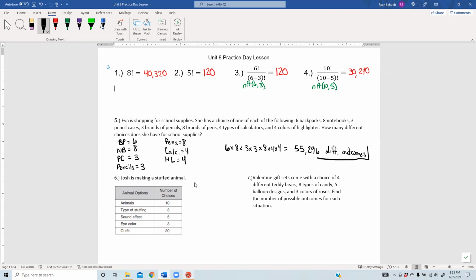That's how many different ways she can pick her school supplies. That's a lot of ways for school supplies.